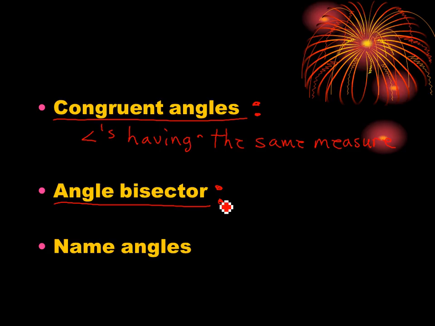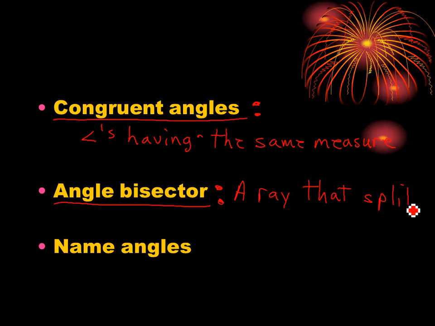Because if we start saying cut it in the middle, cut it in half, that doesn't really say what you want it to say as far as the math goes. What kind of thing was it? What was that? A ray. So that's what we're going to start with. Very good. A ray that, what did it do to the angle?